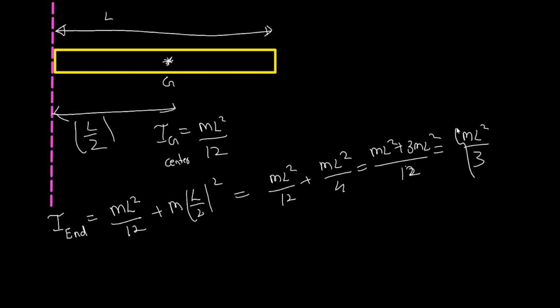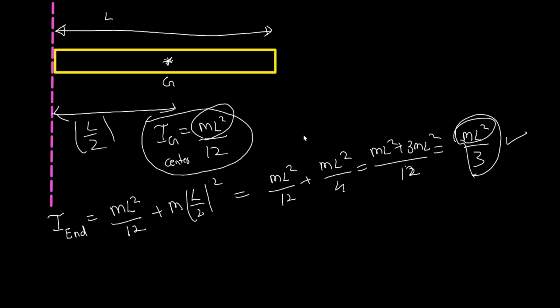So the mass moment of inertia of the rod about any end is ml square by 3. But about the center of gravity, see, ml square is a constant value, and in the denominator you are doing 12 partitions of the mass, so the value is very small compared to 3 parts of the same ml square.